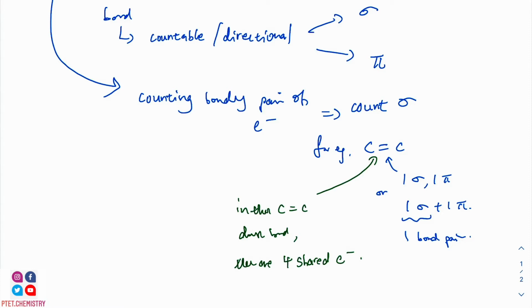Similarly, if I have a triple bond like that, there will be 1 sigma plus 2 pi. That would be altogether 6 electrons shared in that triple bond. Of course, you know that carbon usually will form 4 bonds and there will be other electrons around, but I'm specifically talking about within that triple bond.